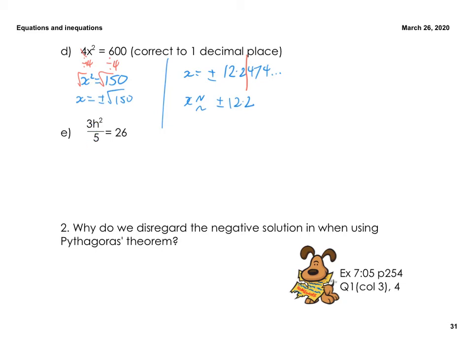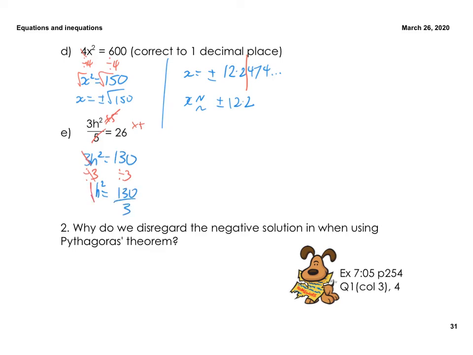Then part E, 3h squared on 5 equals to 26. Let's get rid of the fraction first. Times by 5. 3h squared equals 130. Now divide by 3. That's going to be a weird answer. So let's leave it as 130 on 3.